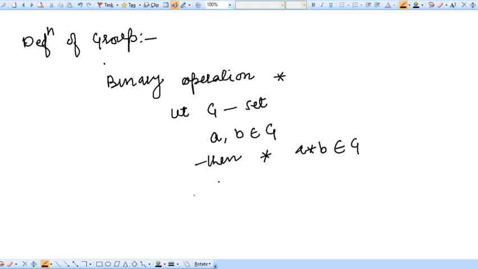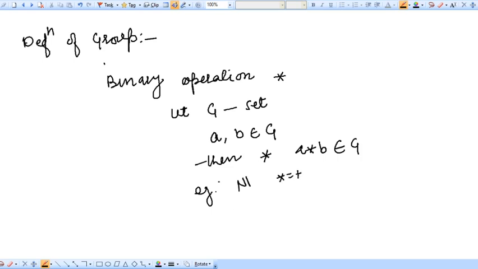For example, let us understand this with the help of an example. Let us take the set of natural numbers and let us assume our operation is addition.